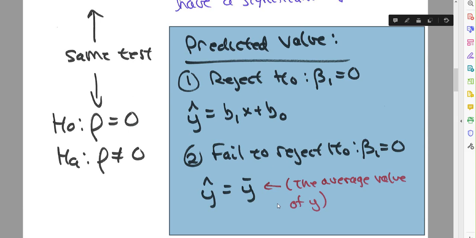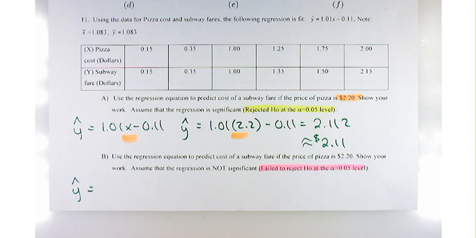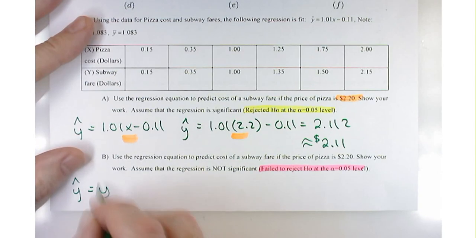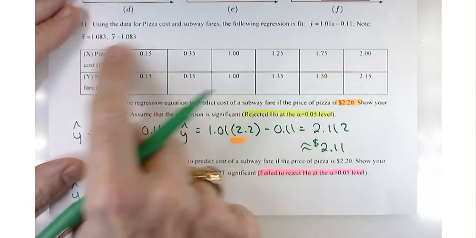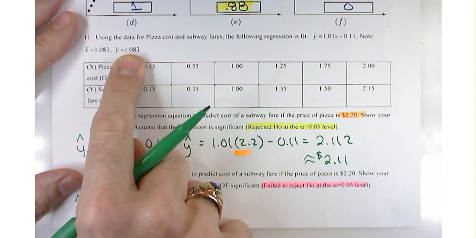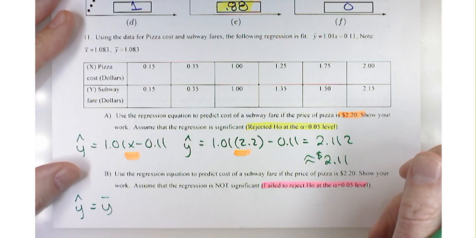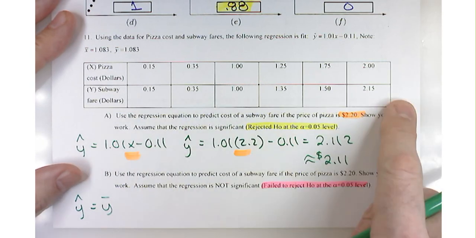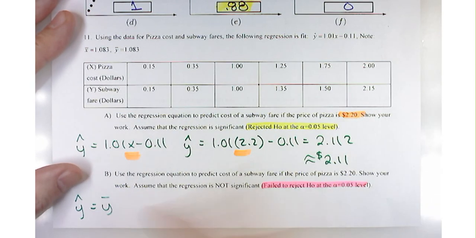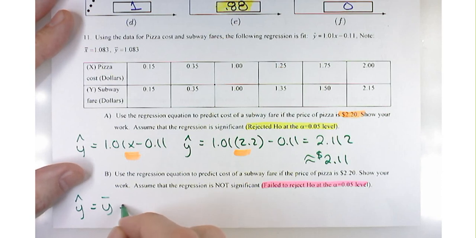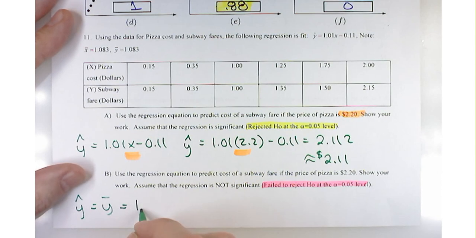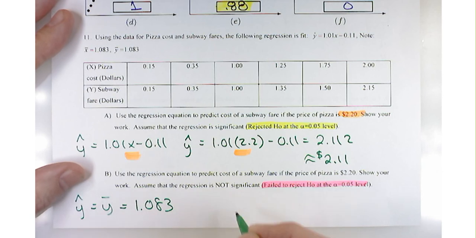In this case, since we failed to reject H naught, we're going to use y bar. What did I have to do to find y bar? Just add them up and divide by 6. So y bar is 1.083.